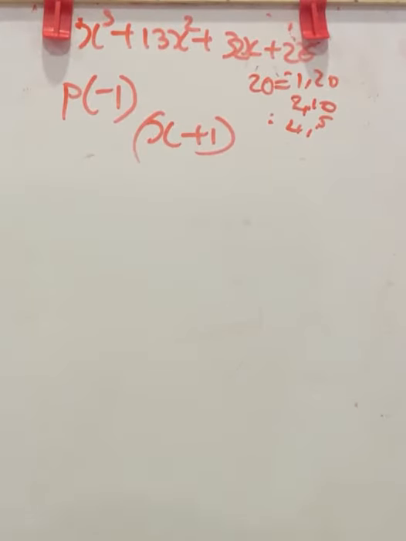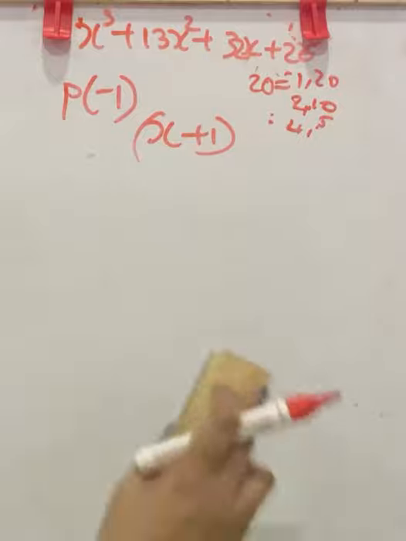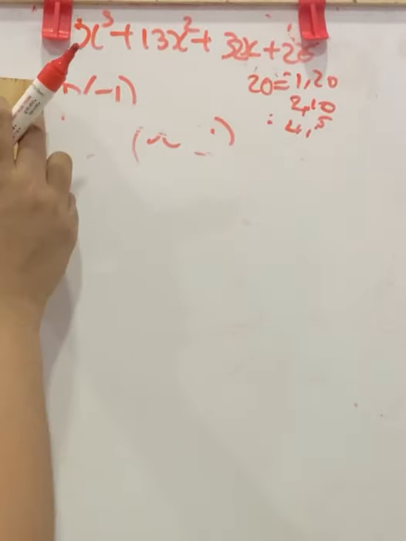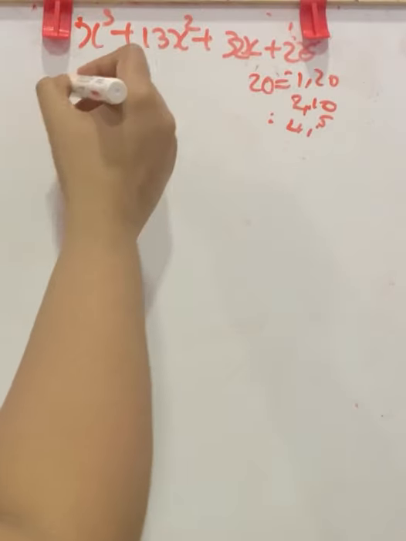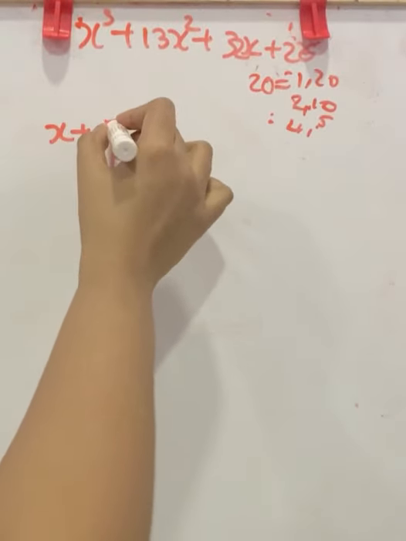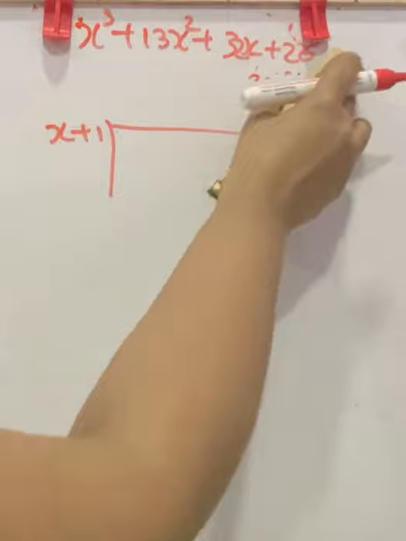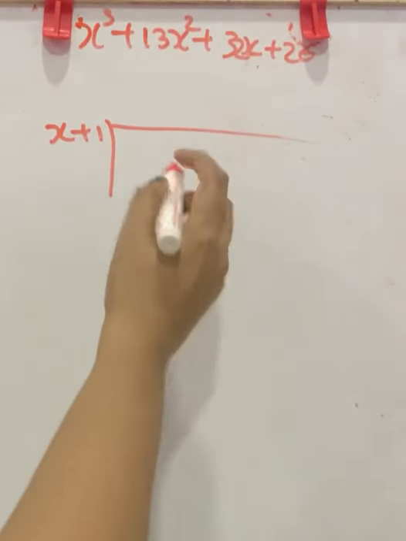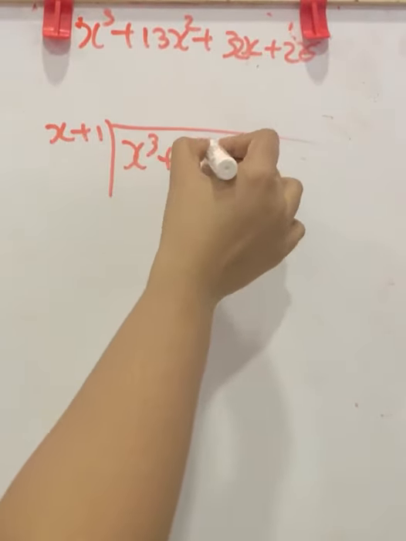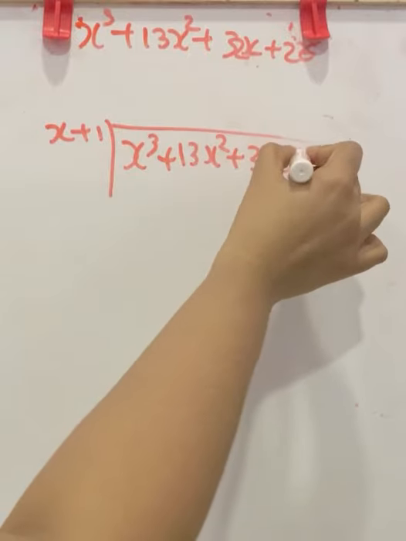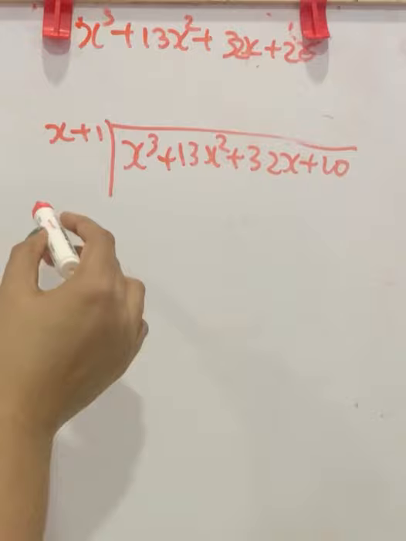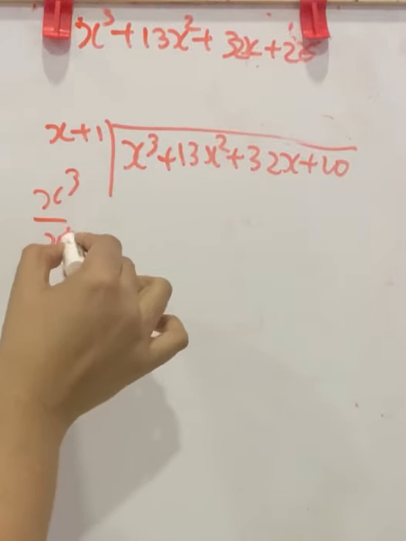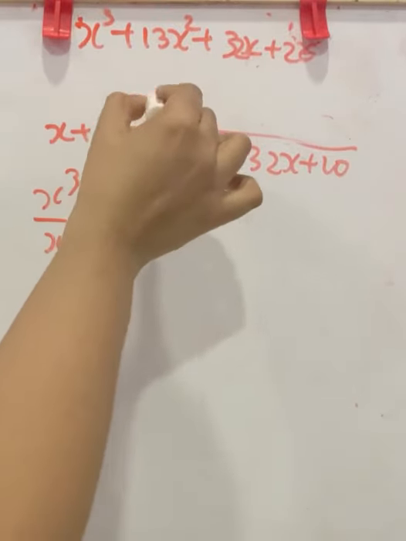Now in a cubic polynomial, if x plus 1 is a factor, to find all the other factors, you have to divide it. So dividing x cube plus 13x square plus 32x plus 20 with x plus 1. To find the first term of quotient, x cube by x, that is x raised to 3 minus 1, x square.